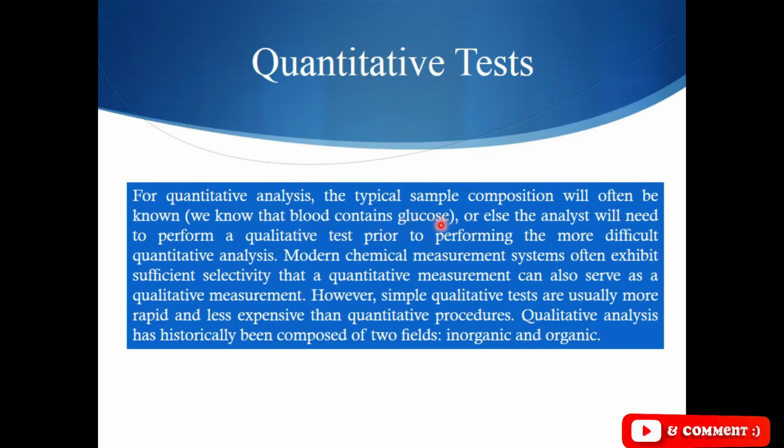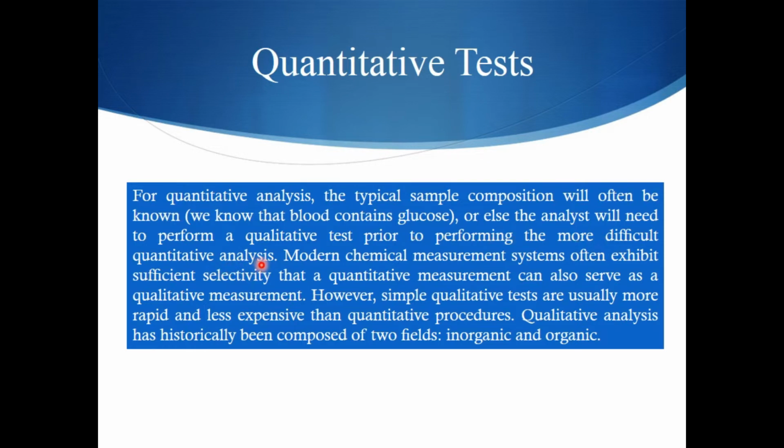We know that blood contains glucose, and after that, if we want to determine the quantity of glucose in that blood sample, then we will conduct some quantitative test, or else the analyst will need to perform a qualitative test prior to performing the more difficult quantitative analysis.